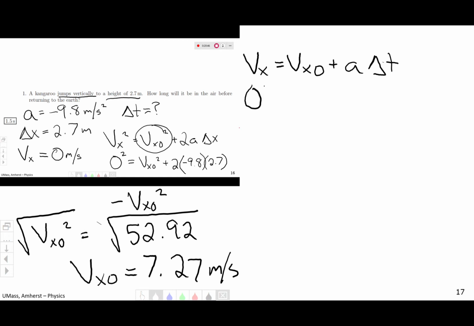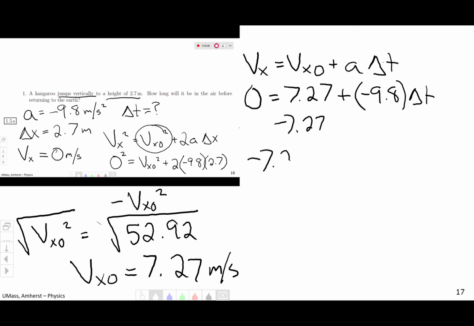So Vx being 0, Vx0 we just found 7.27 plus negative 9.8 delta t. Subtract over 7.27, so negative 7.27 equals negative 9.8 delta t. Divide by negative 9.8.